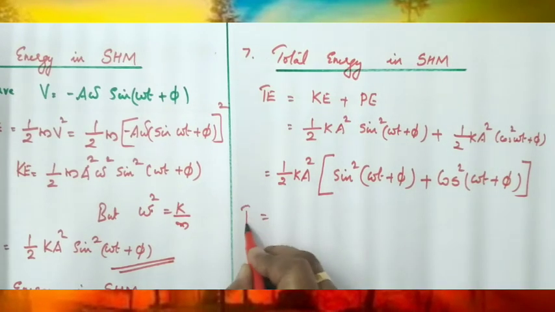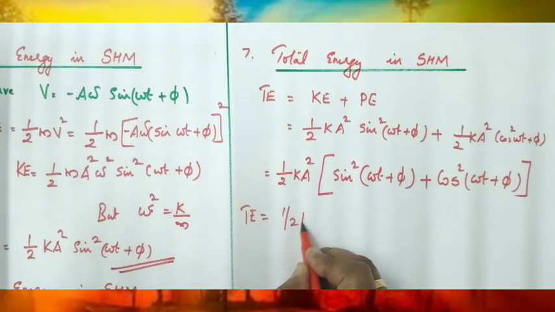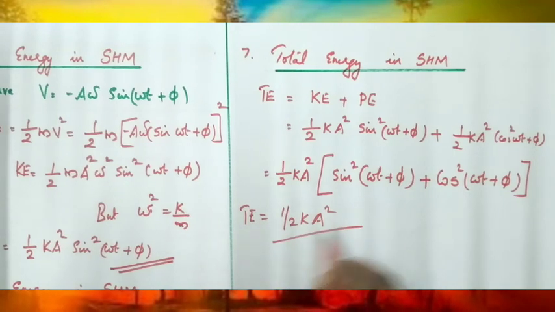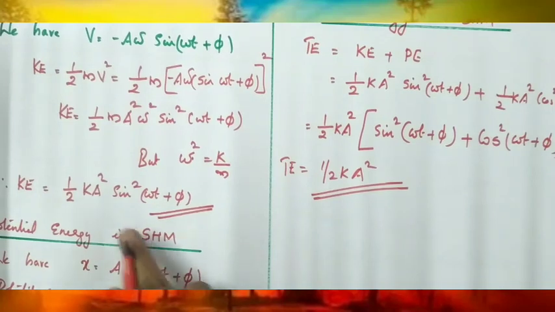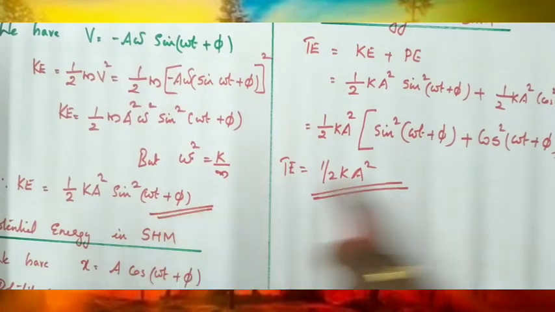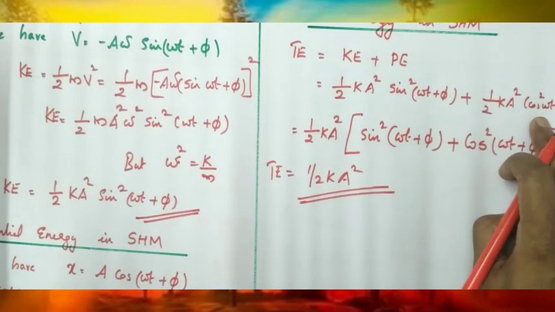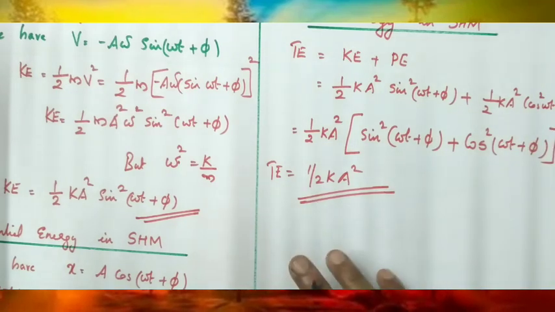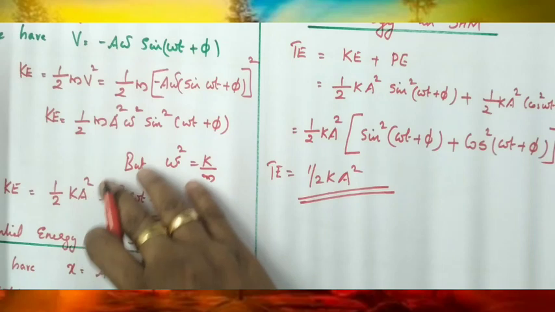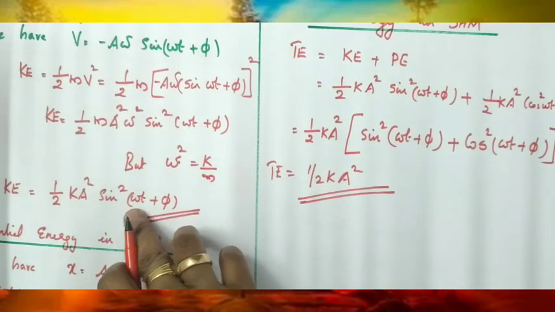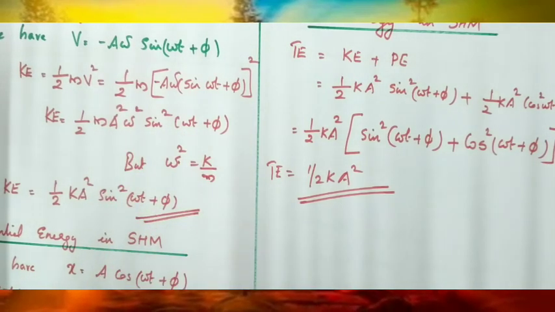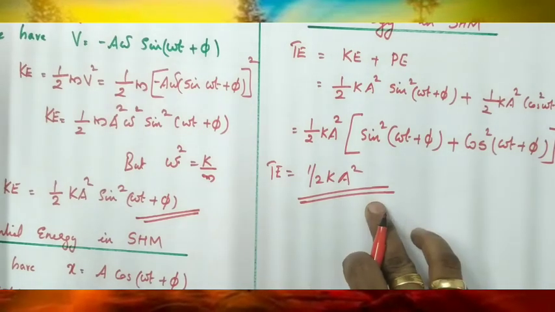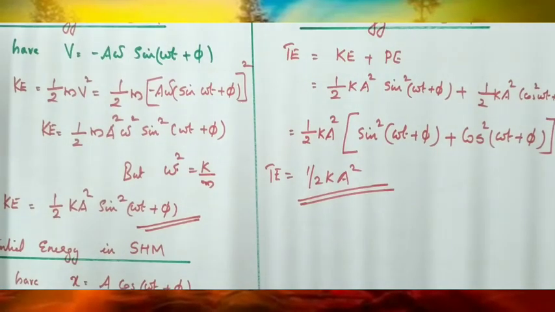So the total energy is equal to half k a square, which is a constant. The kinetic energy changes with time because there is a sine function. Potential energy, since there is a cos function, also changes with time, but total energy always remains constant.